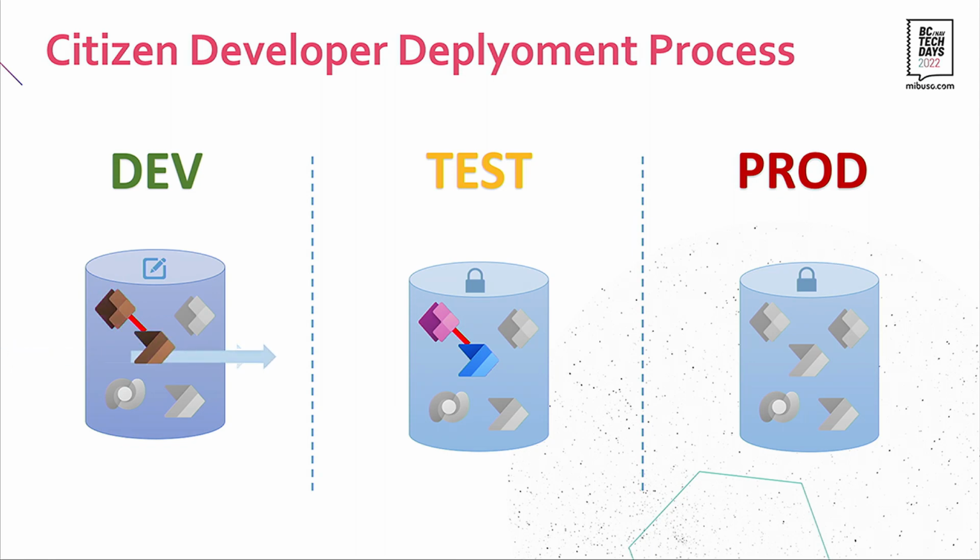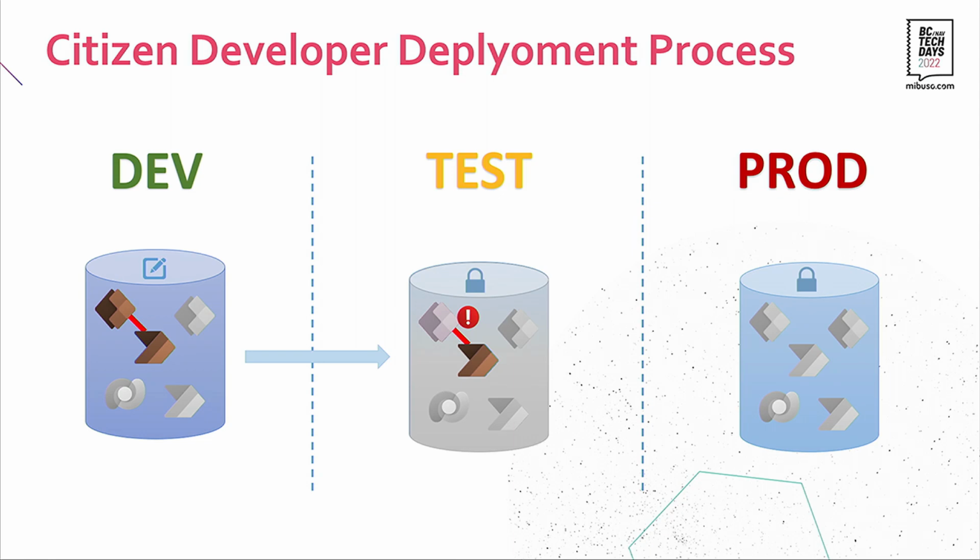What happens is they might break this dependency. In conclusion, the Power App in the test environment doesn't work anymore. They have to go back and bring the Power App over from development to test. This might work for one Power App and one Power Automate flow. But trust me, not if you have 20 flows. For that reason, you need something else.